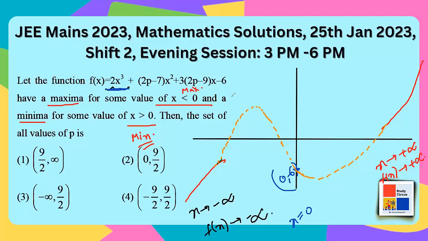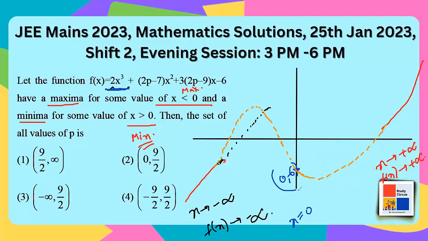Now, can it be like it goes like this? And is there any other possibility? It cannot cross like this because it has to pass through that point (0, -6), right? So this black trajectory cannot be the path for the function as well. So you see that the yellow one can be the only path the function can take.